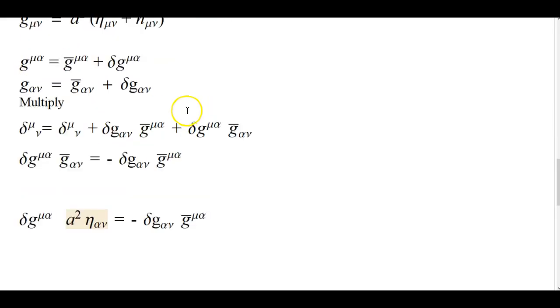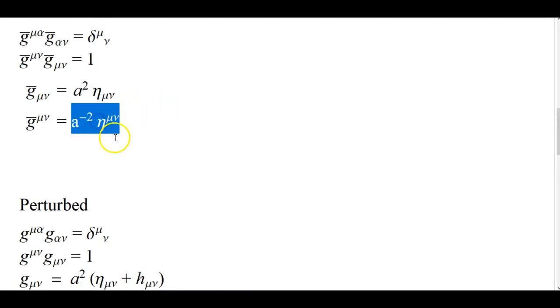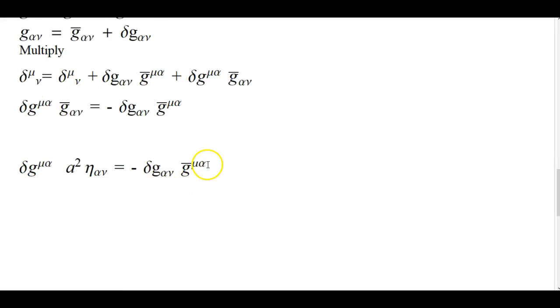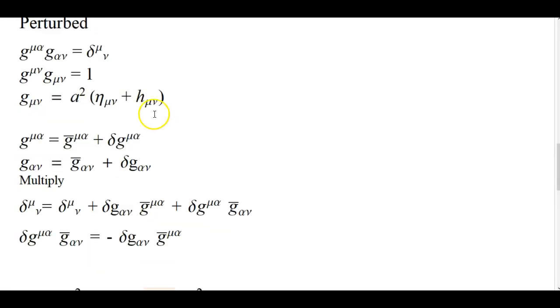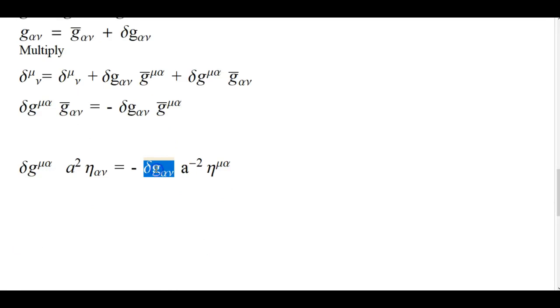And this mu alpha is this. And this delta G is this multiplied by a square, this alpha multiplied by a square. This.